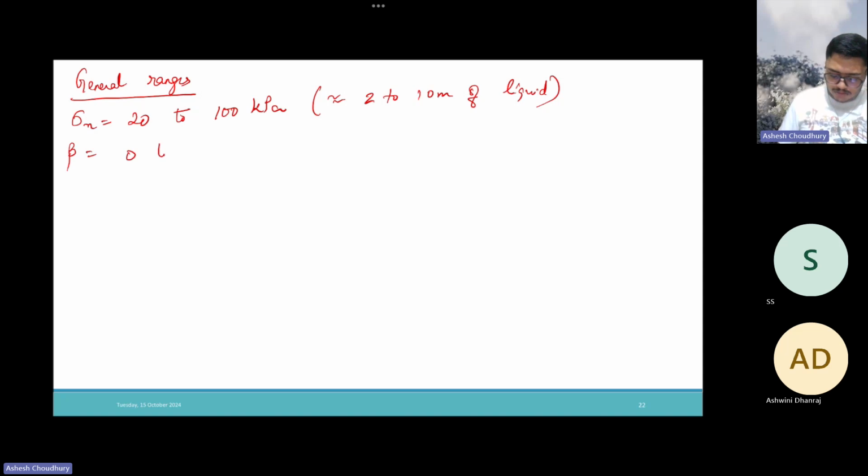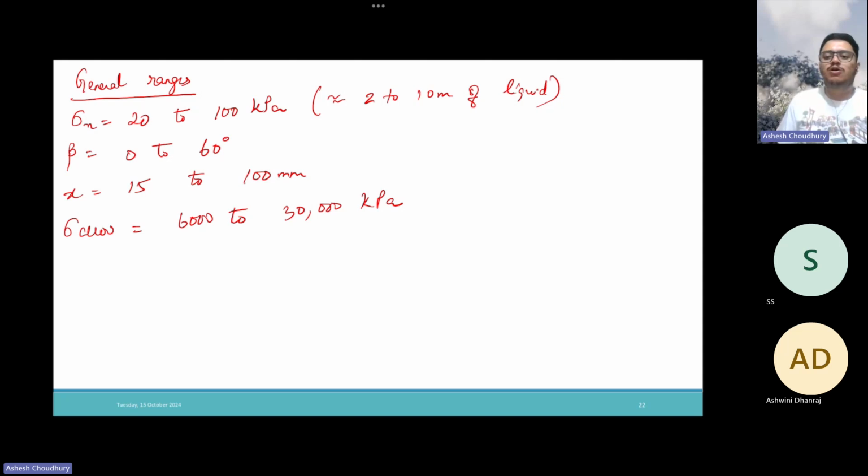Beta is 0 to 60 degrees. X is generally 15 to 100 mm. The allowable stress is approximately 6000 to 30,000 kPa, depending on what quality of geomembrane you are using.